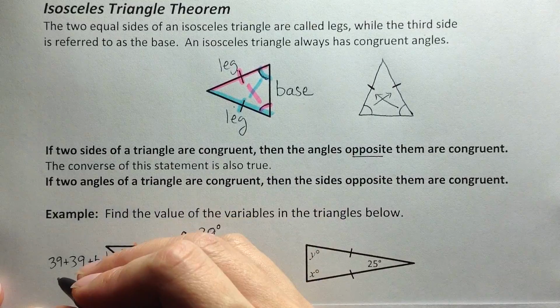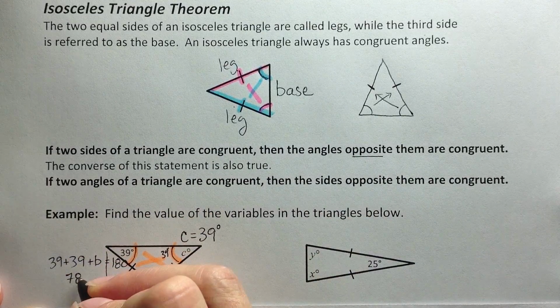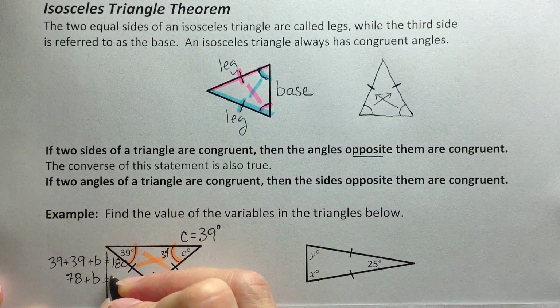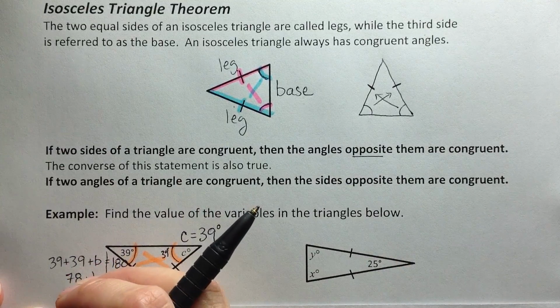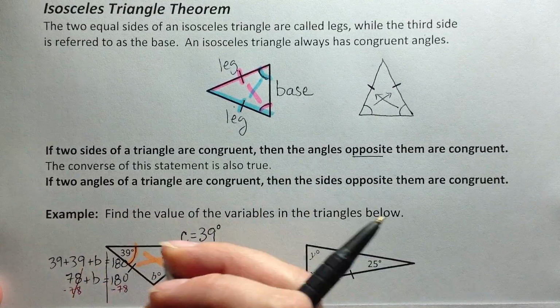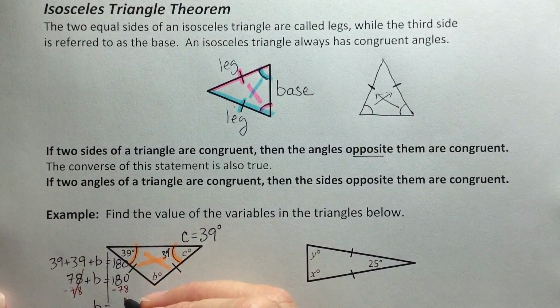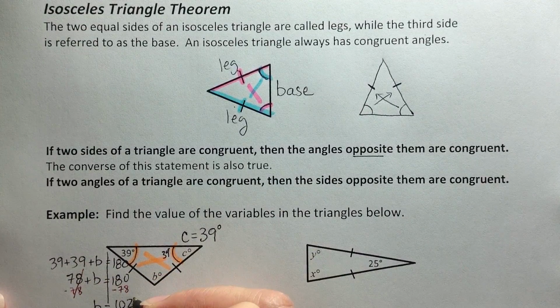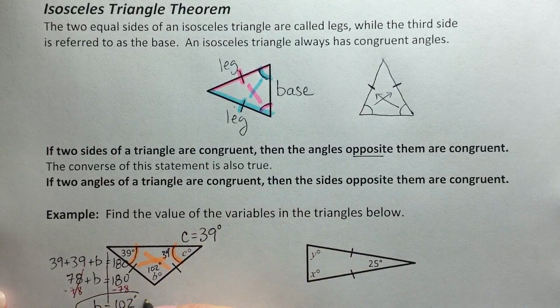Okay, 39 and 39, let's see, that's 78. And when I subtract 78 from both sides, it's going to give me 102.